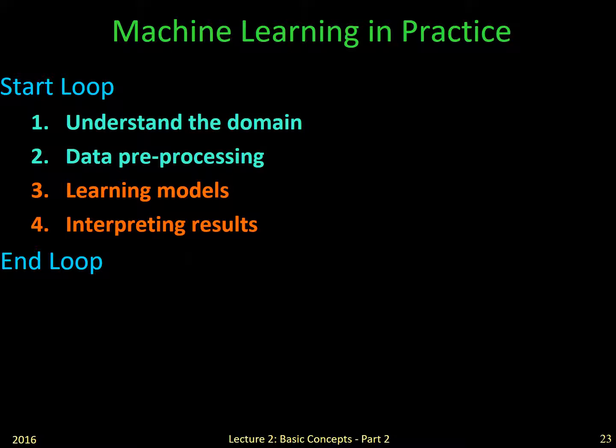There are several other measures that we are going to introduce later, and they are very important to see how a learning method performs in combination with our data. That's all for lecture 2.